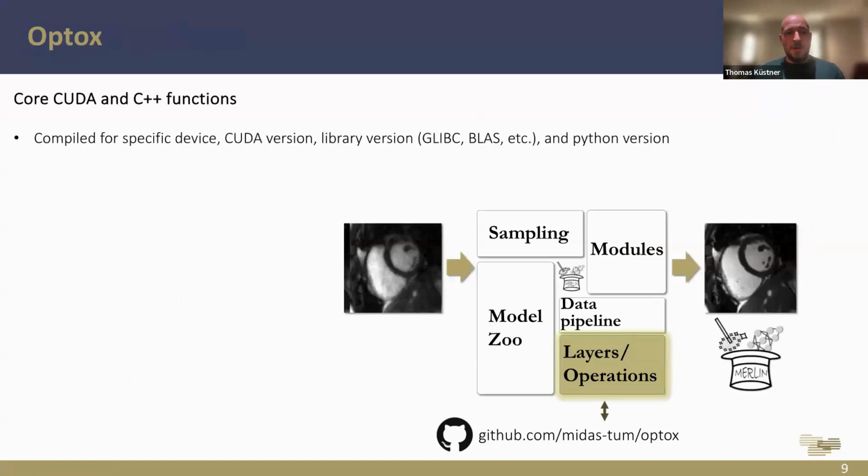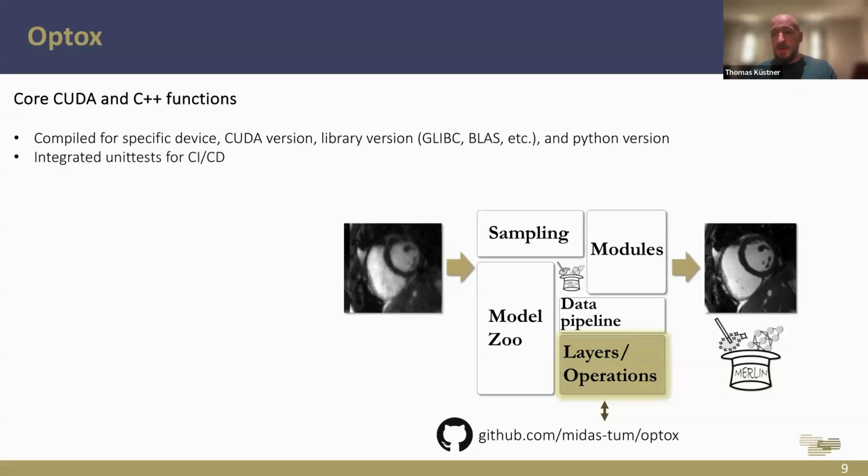The optox is a selection of these compiled and device-specific functions, depending on the hardware that you're using, for the specific CUDA version, for the specific Python version that you're using with the different libraries. You always need to recompile your environment and your CUDA code. And to have this implemented very efficiently, we have these CUDA and C++ implementations in the optox environment.